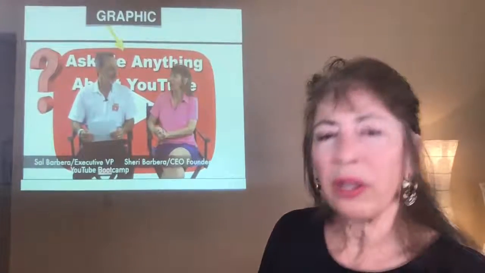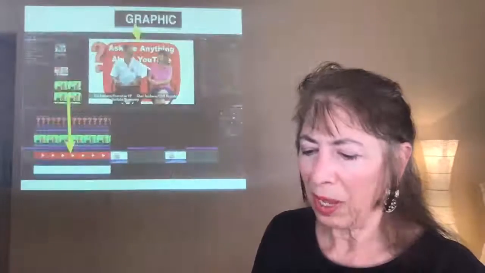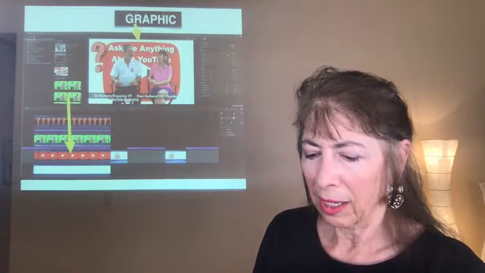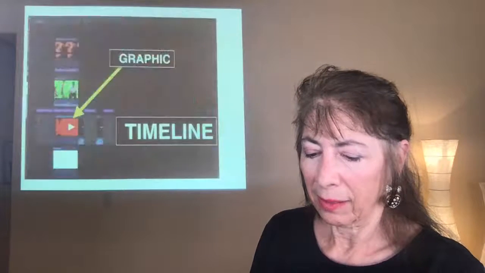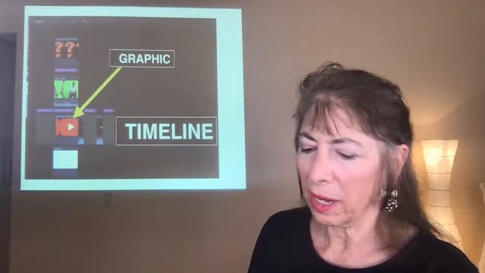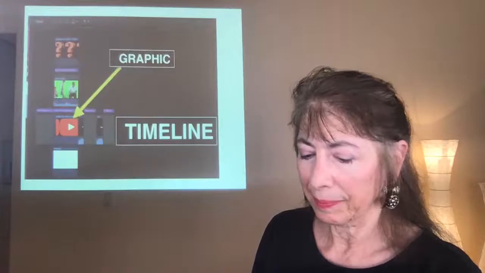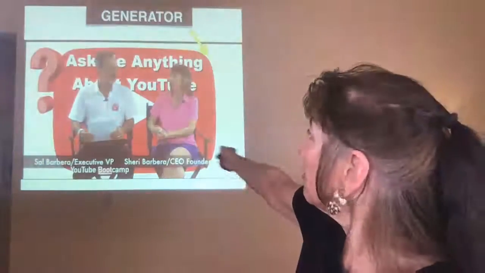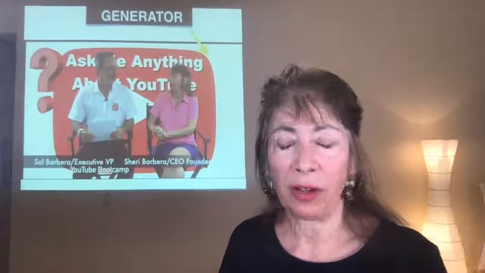So I'm just showing you the YouTube graphic behind us, and then I'm showing it to you on the timeline. Sorry, this is taking so long. And there it is on the timeline in detail. And the white behind us, that is called a generator.